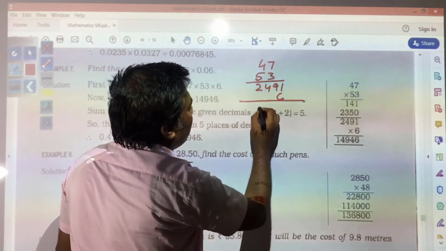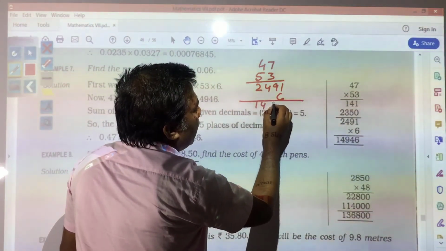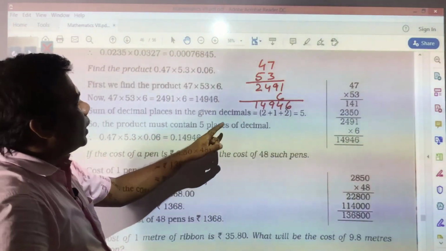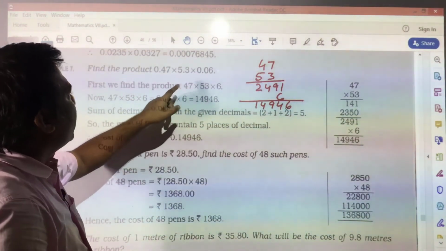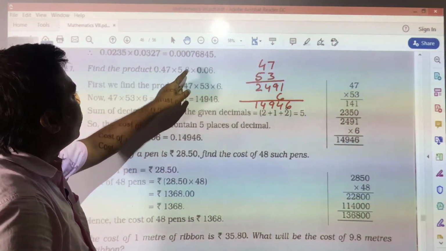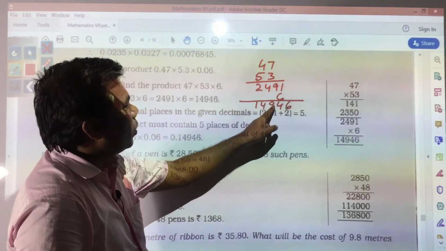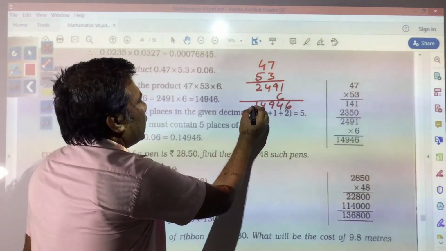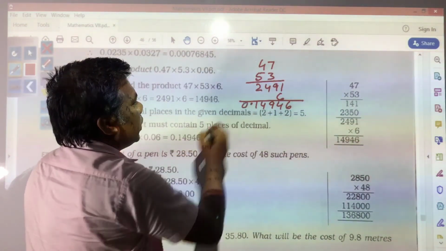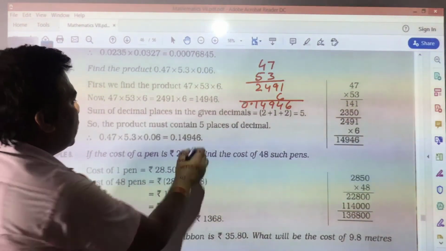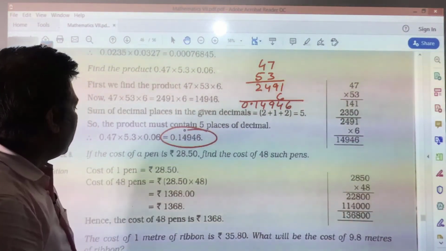So, you have got 14946. Now, you need to count how many decimal places are there. So, 1, 2, 3, 4, 5. So, here the decimal you will put and before that 0 you can put. So, 0.14946 will be your answer in this way.